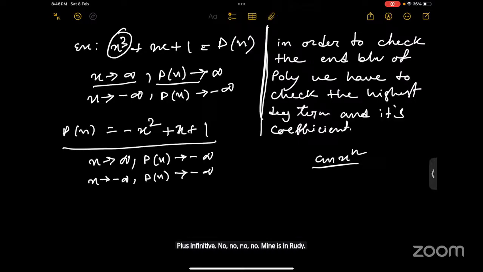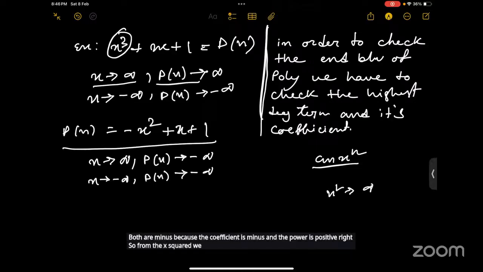Both are minus infinity because the coefficient is minus and the power is positive. From the x square, we will always get a positive infinity, and if I take a negative, we will always get a negative infinity, right?